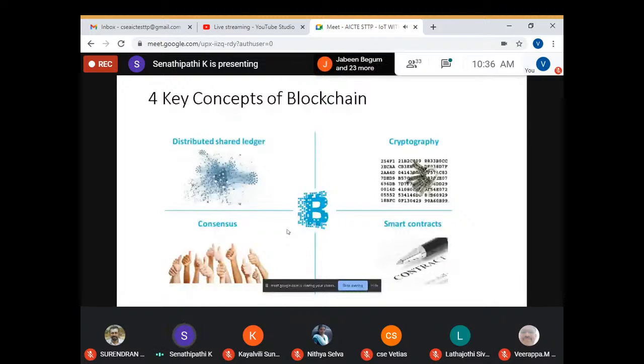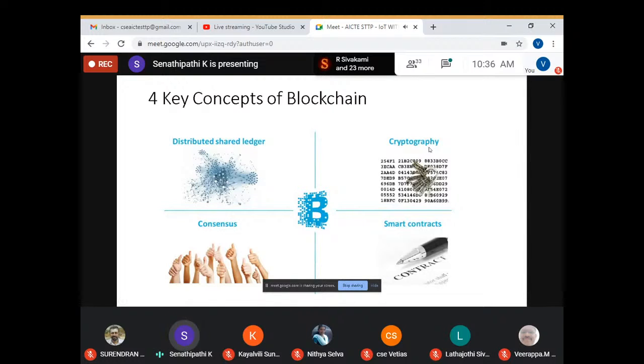The first concept is the distributed shared ledger. As I mentioned earlier, blockchain is a distributed ledger technology, and it applies cryptography in order to maintain security. It has a hash value.